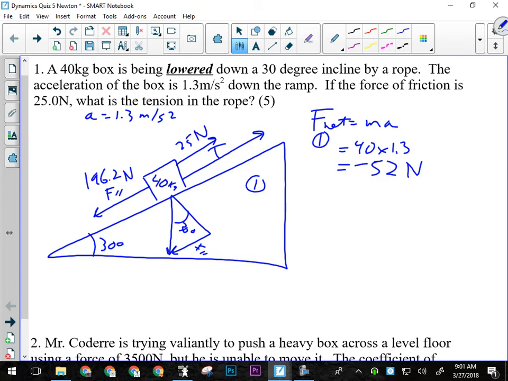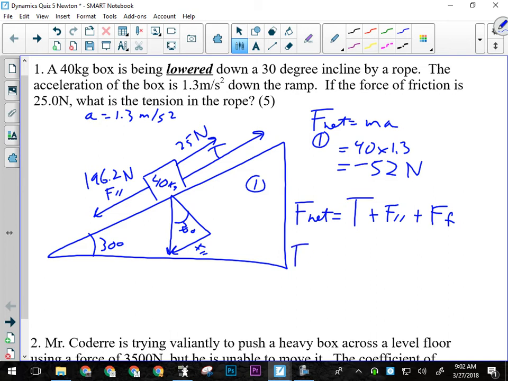Next step, we use the sum of all forces to calculate the force that we don't know. Tension plus F parallel plus the force of friction, the vector sum of all forces, equals F net. I'm looking for T, so I'm going to subtract these other things over.